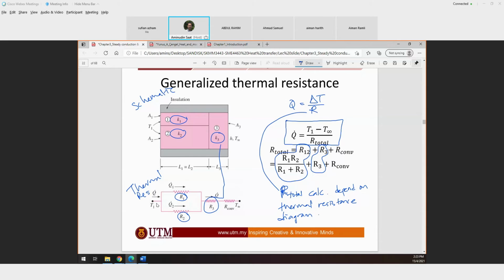If you look at the textbook, some of the examples did not draw the thermal resistance diagram, but in this case, I think they have. I think the thermal resistance diagram is a good step to include in your analysis, in order to give a clear description of how your total resistance calculation is obtained.